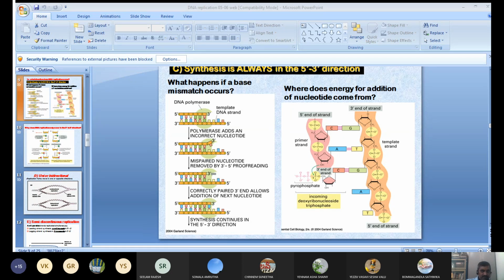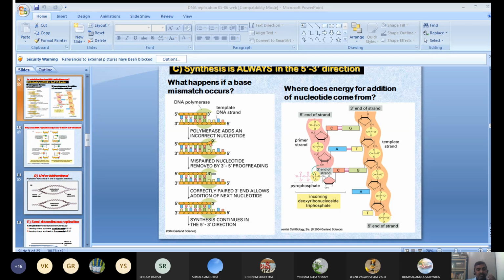Because the primer already has a 3 prime end, which always provides a 3 prime OH group, the DNA polymerase polymerizes the 5 prime phosphate with the 3 prime OH group. That's the only thing it does. It cannot add a nucleotide without a 3 prime OH group.